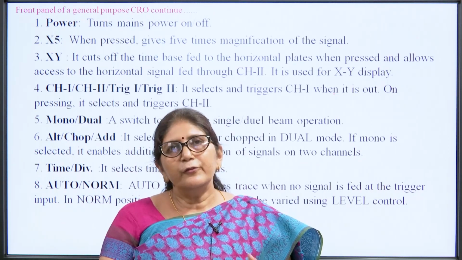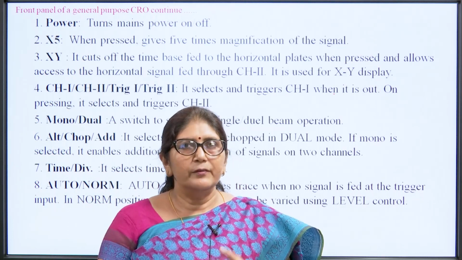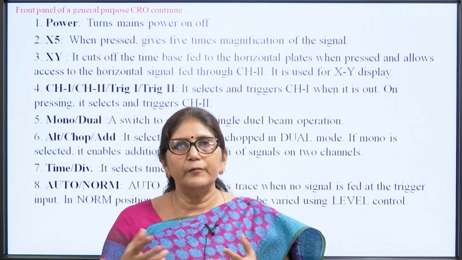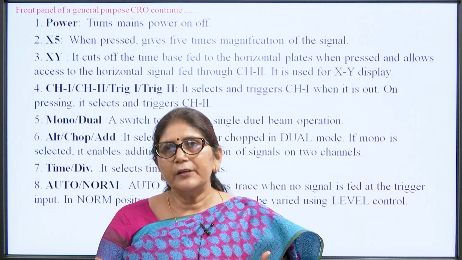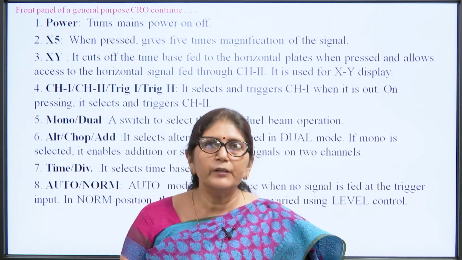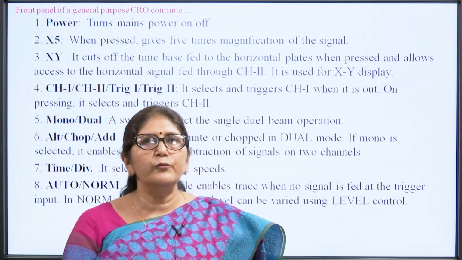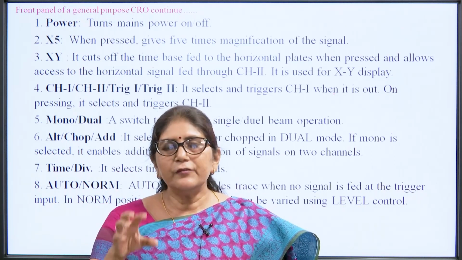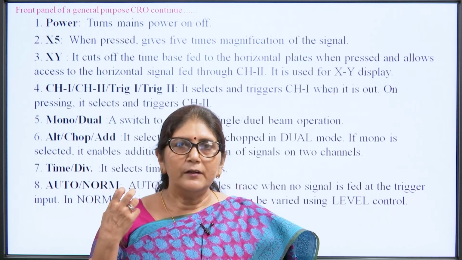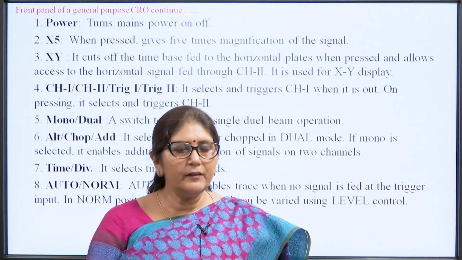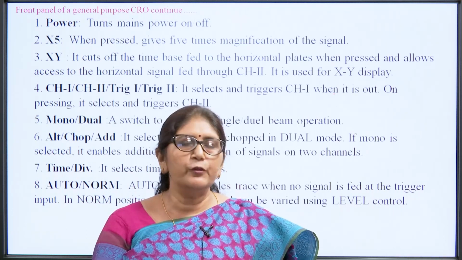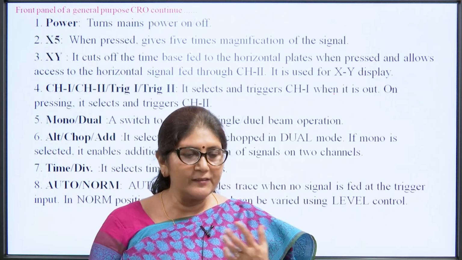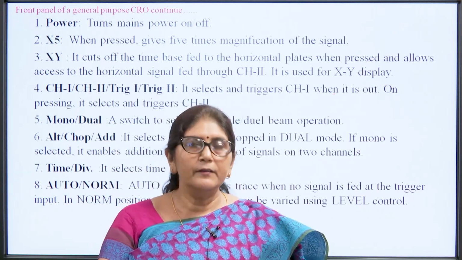Similarly, when we select trigger 1, it will select the triggering of channel 1, and when we select trigger 2, it will trigger channel 2. And mono and dual: when the switch is out, it means a single channel is considered. When we press it, both channels are simultaneously displayed on the screen.